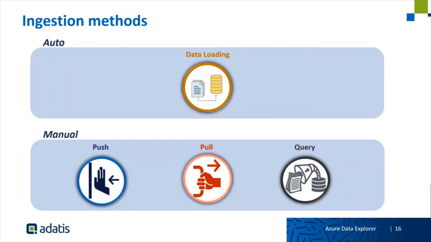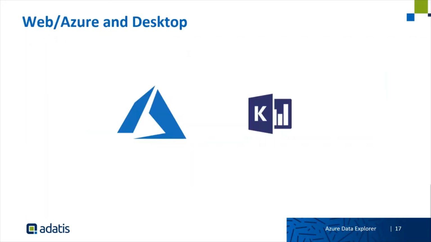There are supported data formats. There are many different ones: text, CSV, JSON, Parquet, and it also supports compressed data, gzip for instance, or zipped data. And Azure Data Explorer could be used through two main user interfaces.